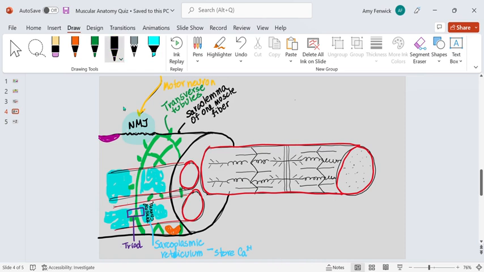Okay, let's look at this myofibril right here. The first thing we see are these Z-shaped structures, and there are two of them, and these are called Z discs, probably because that's what they look like.